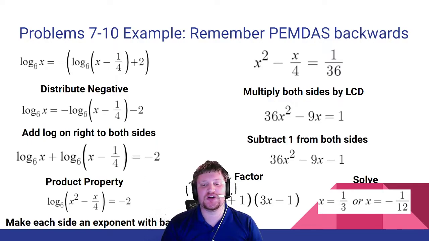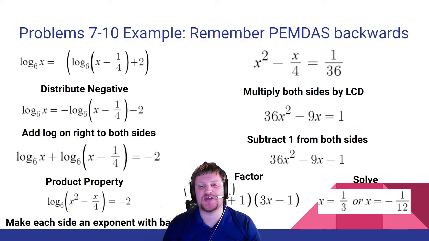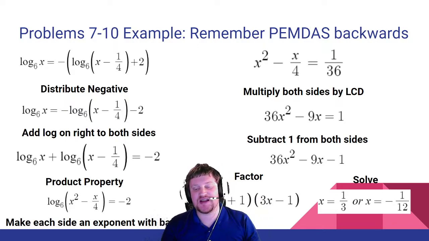So, unfortunately, if you try to put the equation here, 36x squared minus 9x minus 1, into Desmos and get your solution that way, just by seeing where it crosses the x-axis, which is one way that I taught you how to do it, it's going to give you 0.33333 and negative, I think that's 0.08333.